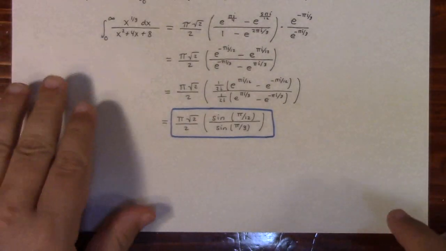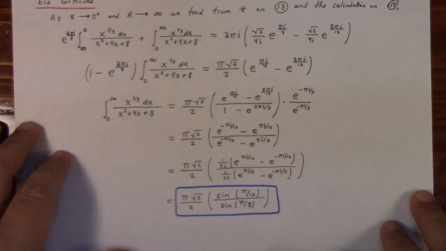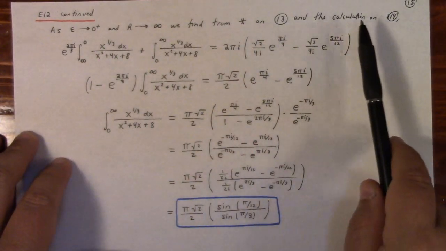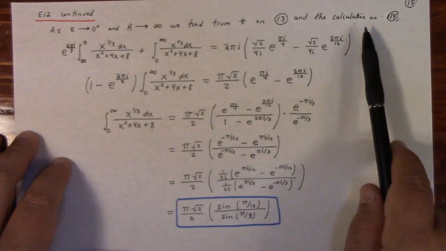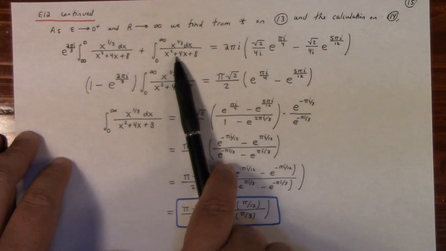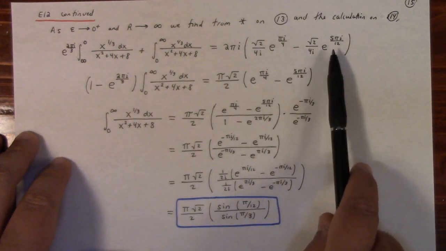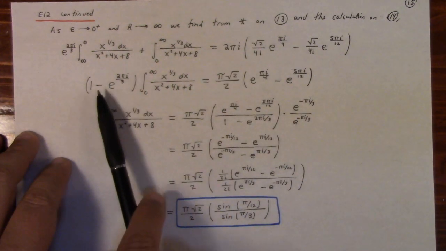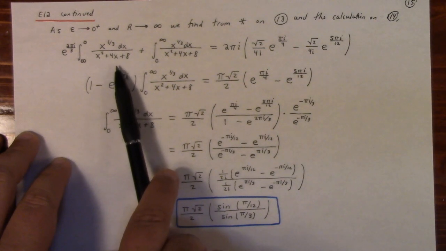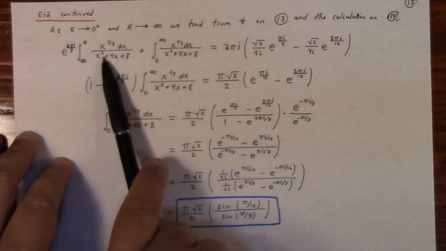So putting it all together, here it is. As epsilon goes to 0 and r goes to infinity, from the star back on page 13, we have 2 pi I over 3 times that integral plus that integral is 2 pi I times the sum of the residues, which, again, just flip the bounds.